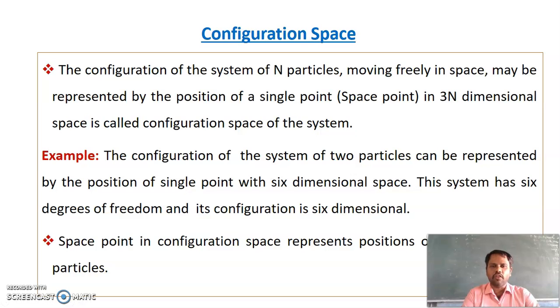For example, the configuration of a system of 2 particles can be represented by the position of a single point in 6-dimensional space. So this system has 6 degrees of freedom and its configuration space is 6-dimensional. Note that a space point in configuration space represents the position of the constituent particles.